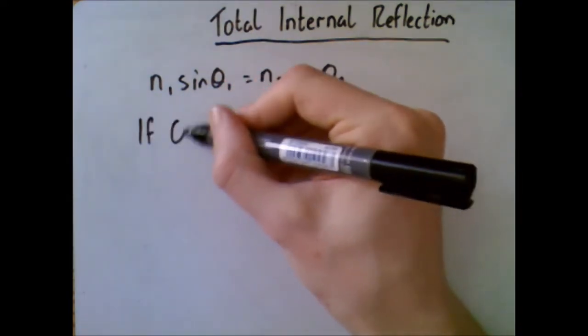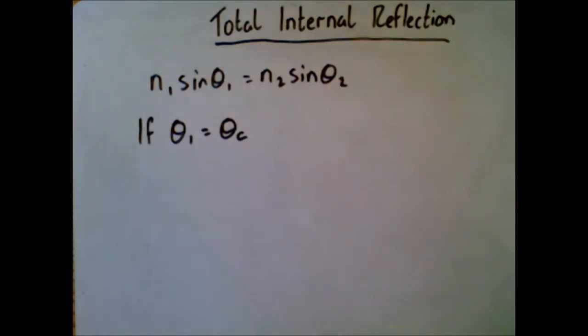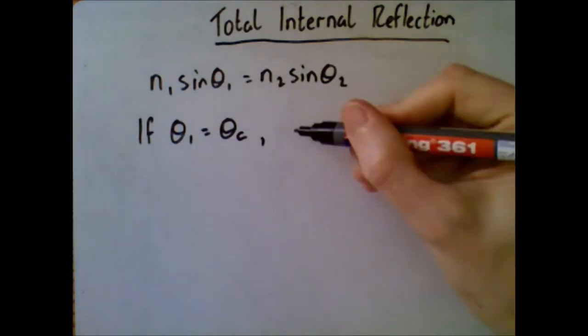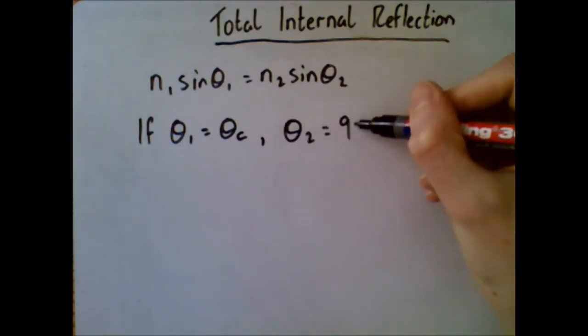So in that case, that means theta 1 is theta c, that's critical angle. Well, at that point, we know that our refracted ray goes along the edge of the block. It kind of follows the surface of the block. So that means that theta 2 must be equal to 90 degrees.